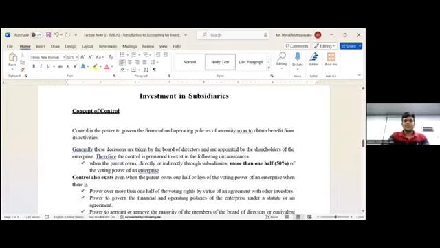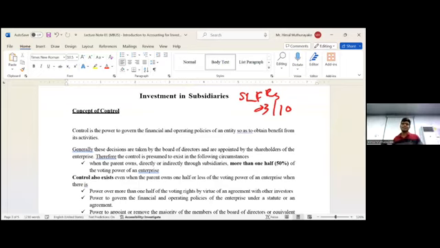So this is the topic for today. From this part, we will start today's topic, investment in subsidiaries. I told you that you need to learn SLFRS 3 and 10 when you are learning the investment in subsidiaries.